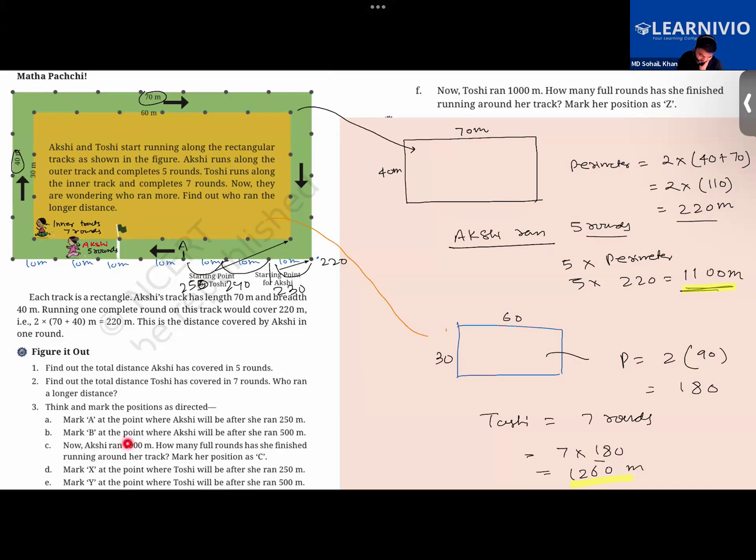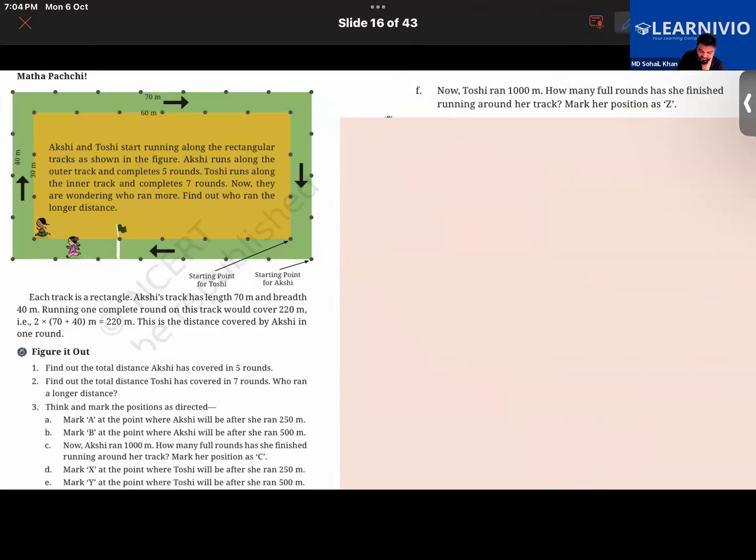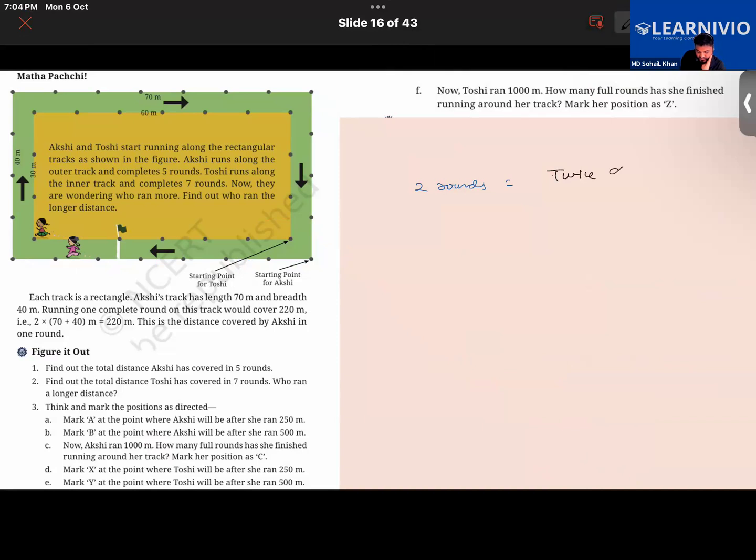Further, the question says mark B at the point where Akshi will be after she ran 500 meter. When she would have done 2 rounds, that is twice of the perimeter. Earlier we have calculated the perimeter of the outer track as how much? 220 meter.